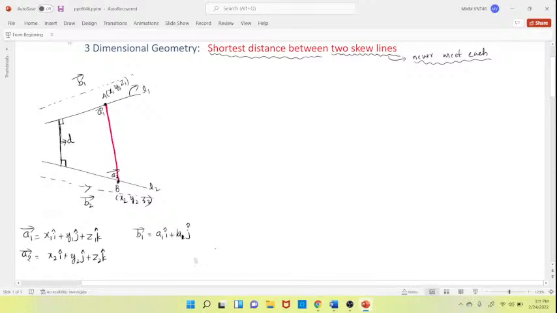So I will get b1 as A1 i cap plus B1 j cap plus C1 k cap.